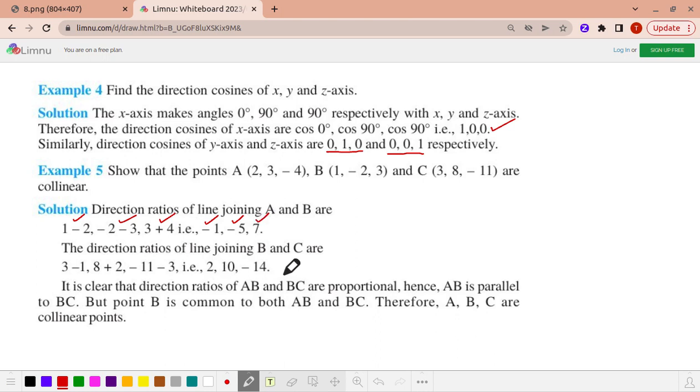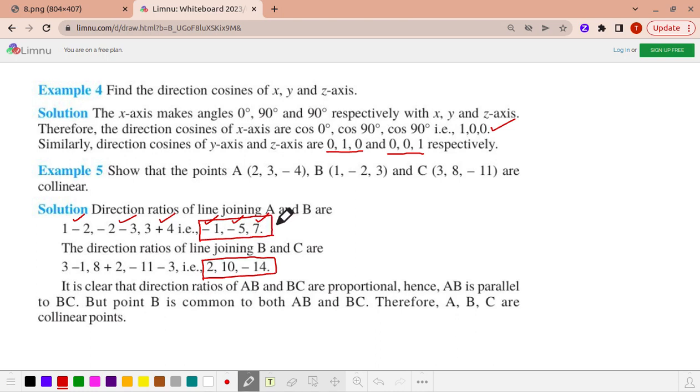In the similar manner we found the direction ratios of the line joining B to C, and we get 2, 10, minus 14. And we found the direction ratios of the line joining A to B as minus 1, minus 5, 7.